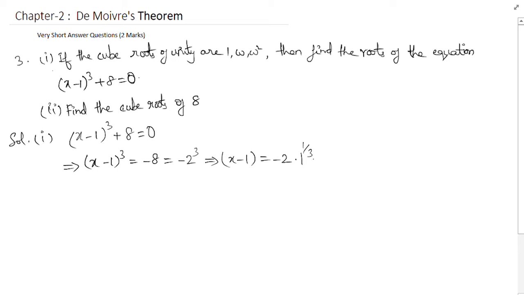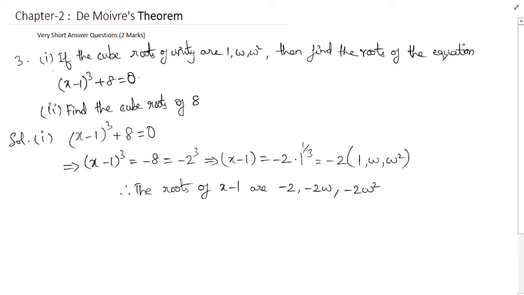Which is equal to minus 2 of 1, omega, omega squared. Therefore, the roots of x minus 1 are minus 2, minus 2 omega, minus 2 omega squared.